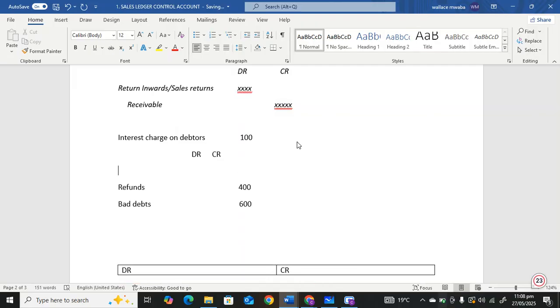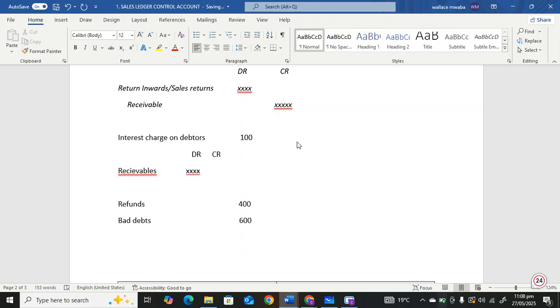If anyone's working here at Zamcash and you debit interest, you'll be fired. So you debit receivables, because now they're owing you plus interest. And interest is like income, other income for the business, okay?